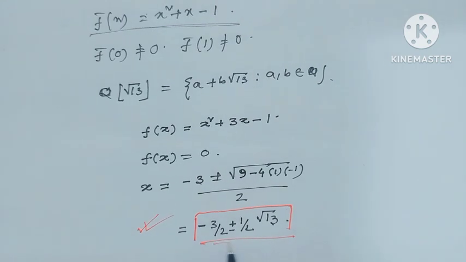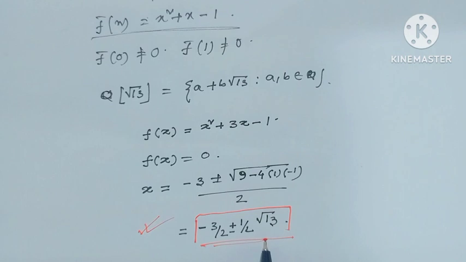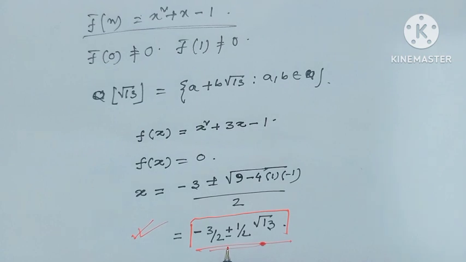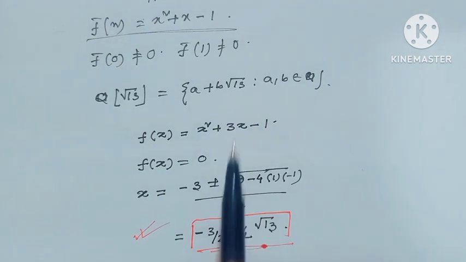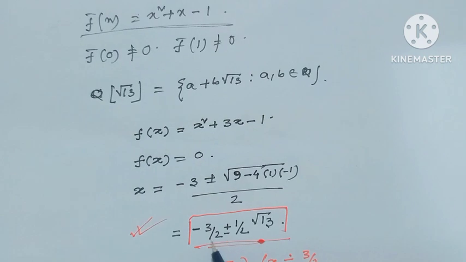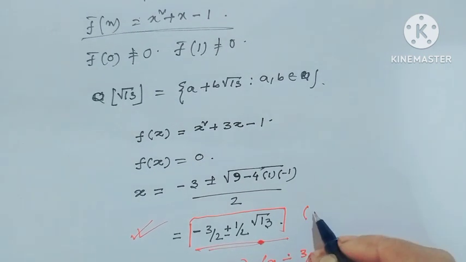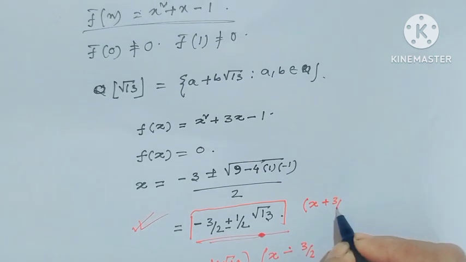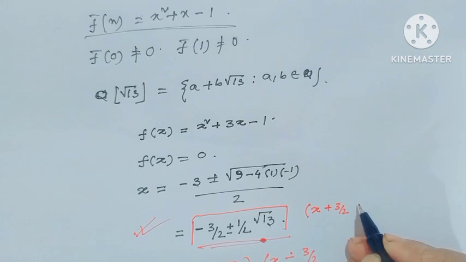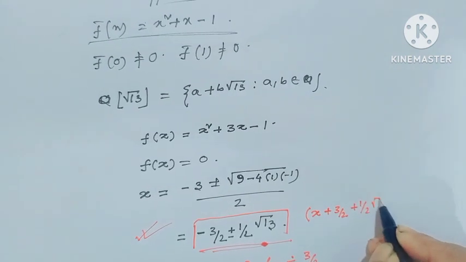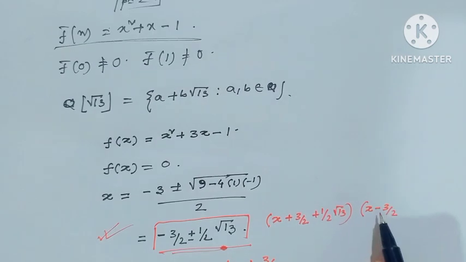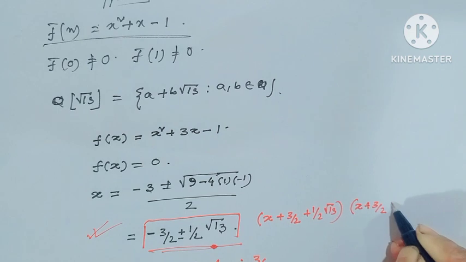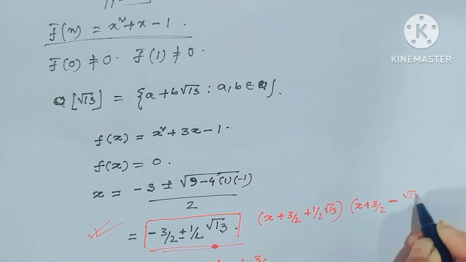Since here the root is of this type, we can write the factorization as (x plus 3 over 2 plus half square root of 13) times (x plus 3 over 2 minus square root of 13 over 2).